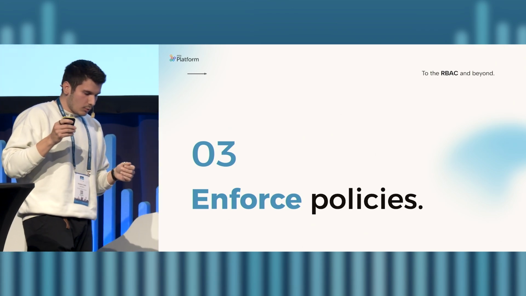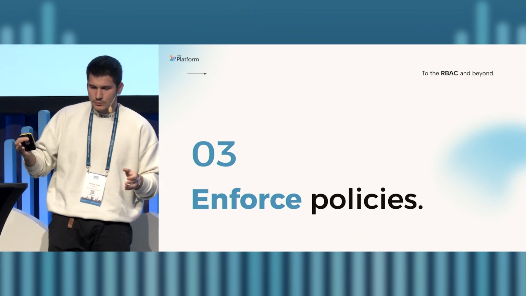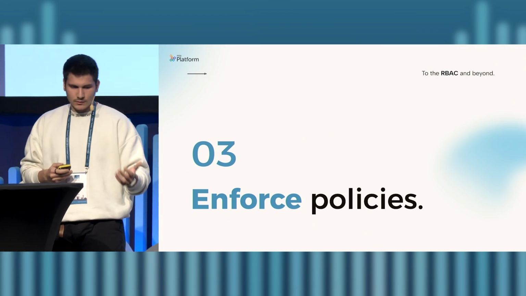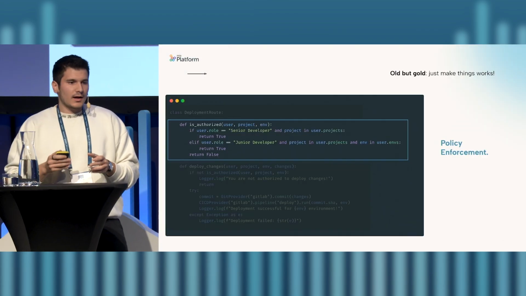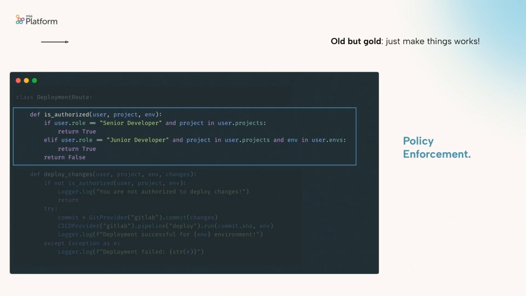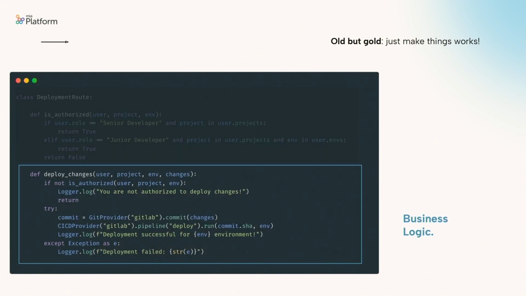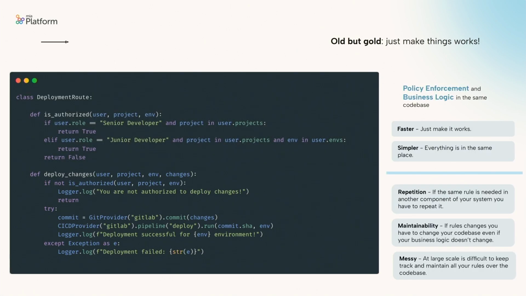So we have many options to enforce our policies. When we start the journey, we probably just want to make things work. So the natural way to go is to have a unique code base where you have on one side the code related to policy enforcement, and on the other side your business logic.